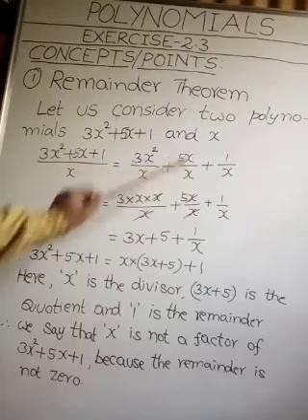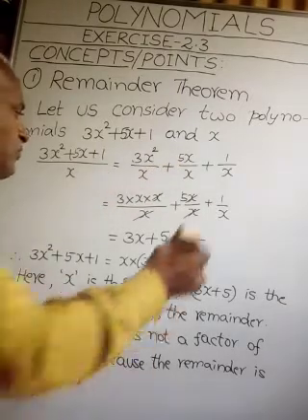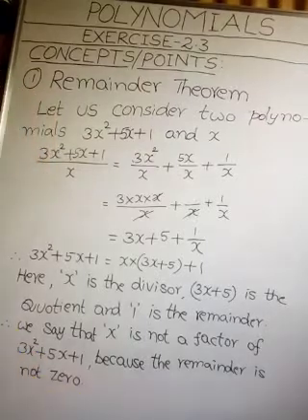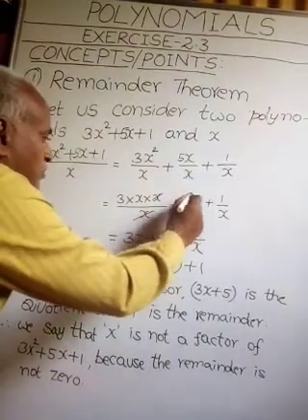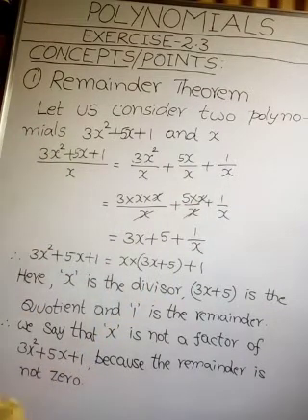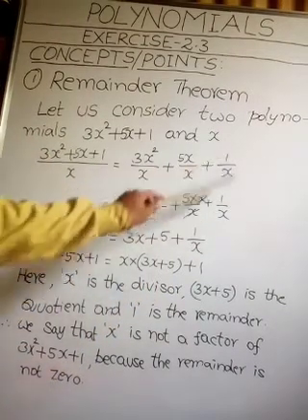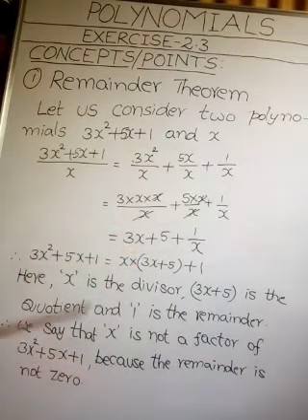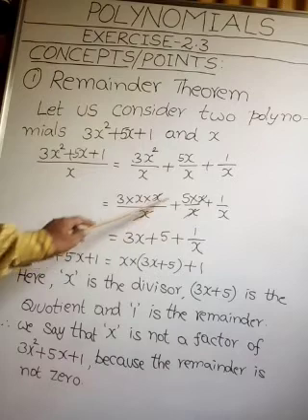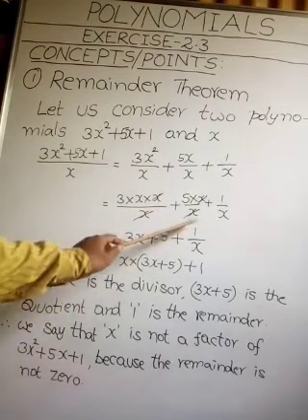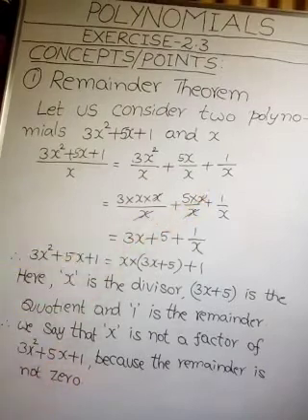Plus here 5x. 5x can be written as, how do you write it? 5 into x, whole divided by x, plus 1 by x. Understood this step, my dear children? Right. Now we can strike out x and x. Here also we can strike out x and x. x and x get cancelled.